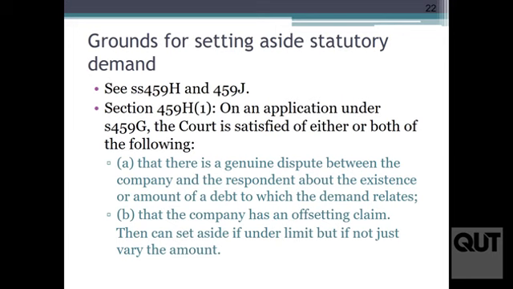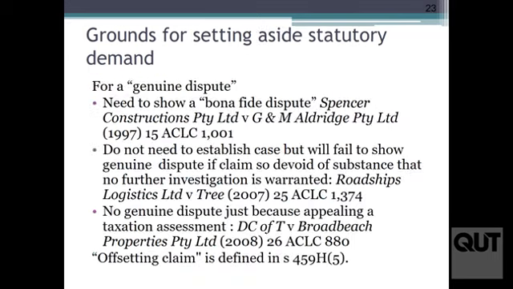So if you have a disputed debt, the offset has to reduce the debt to below $2,000, the statutory minimum. Otherwise, a demand will not be set aside by the court. If it's still above that $2,000, the demand will still stand and the court can extend the time for the payment.